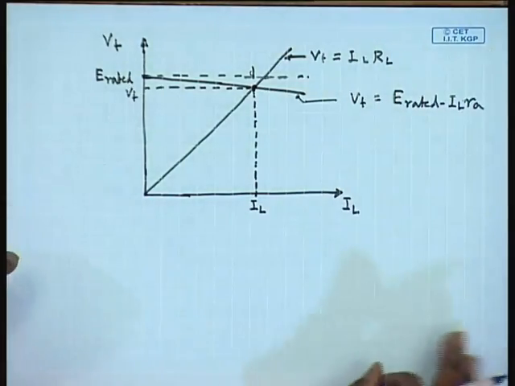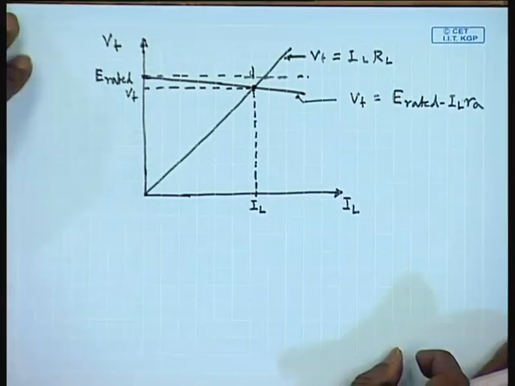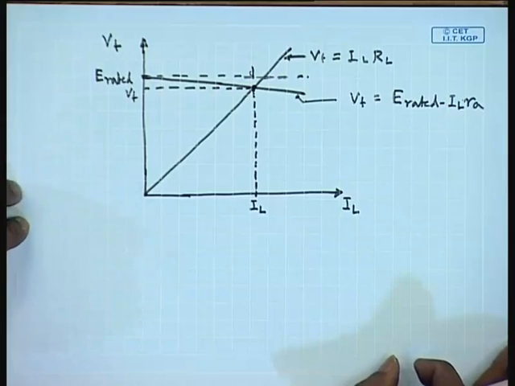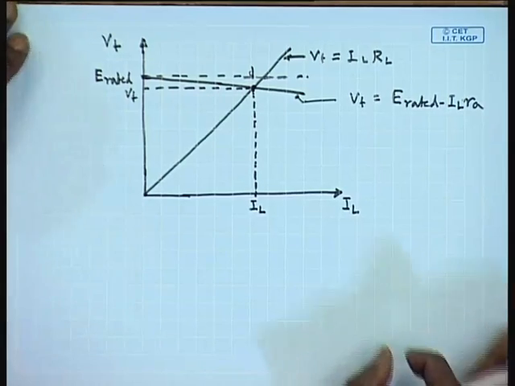Therefore, there is a net reduction in flux per pole.